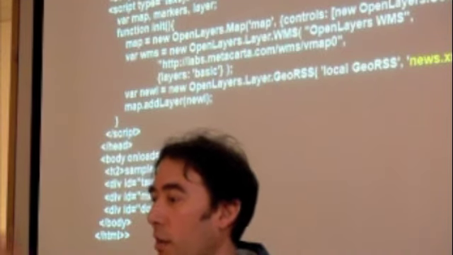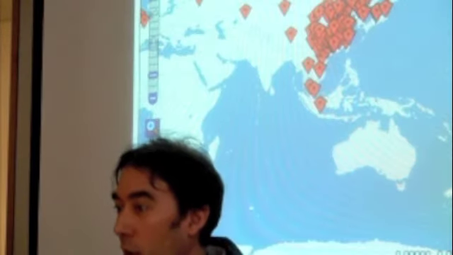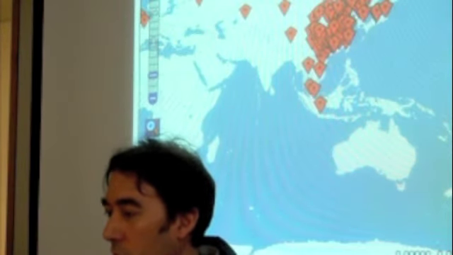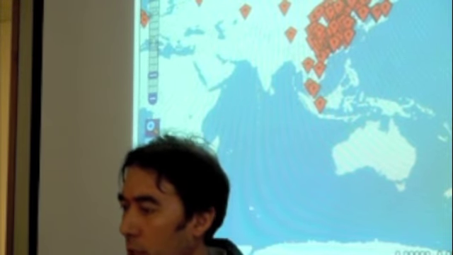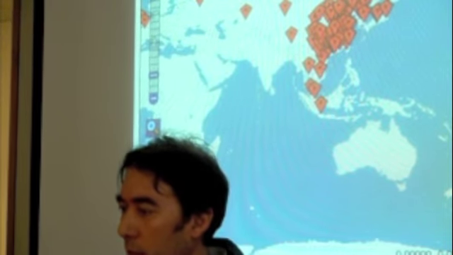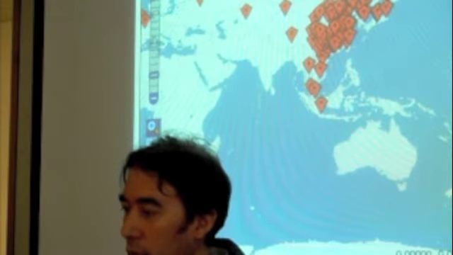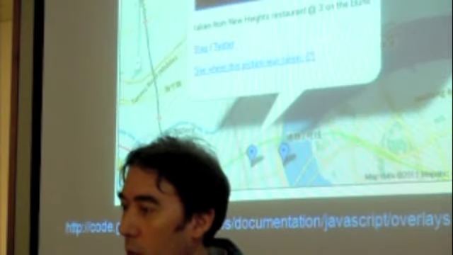It is doable. There's a lot of examples online. I'm going to show you a live version of this in a moment, but here is an example of the OpenLayers interface reading the GeoRSS feed that I just pointed out in the previous code.